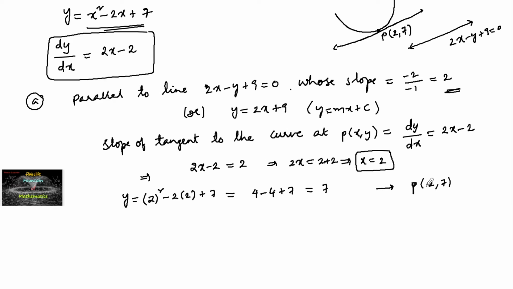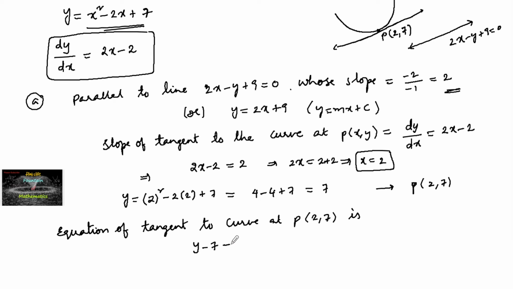Now at this point we need a tangent whose slope is 2. So the equation of tangent to the curve at point P(2, 7) can be given as y minus y1 is equal to m times x minus x1, that is slope 2.